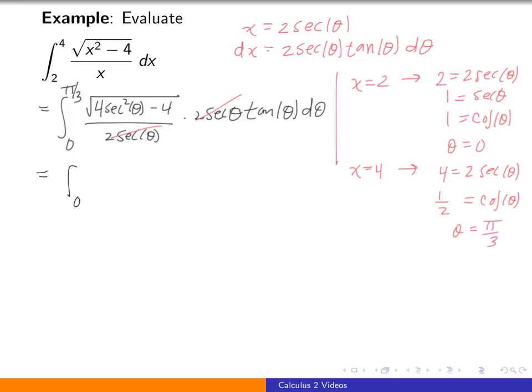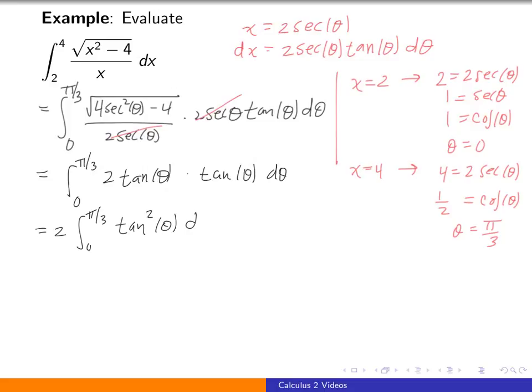So we have the integral from 0 to pi over 3 of 2 tangent of theta, something that will hopefully become quicker and more efficient as you do more examples, multiplied by the remaining tangent. So the 2 pulls out front, and we have the definite integral from 0 to pi over 3 of tangent squared.